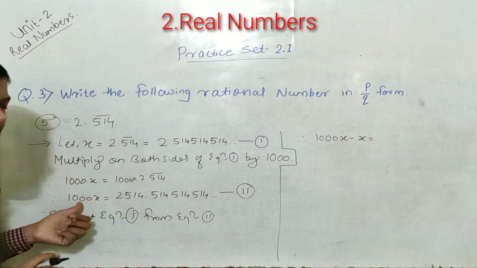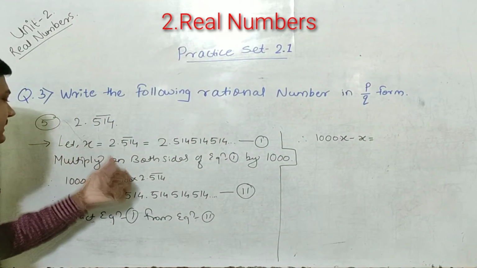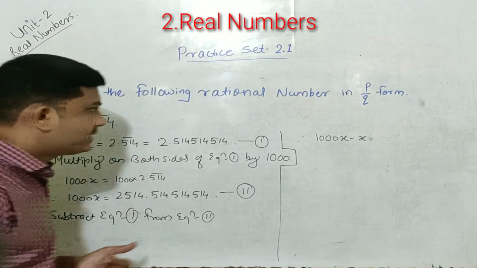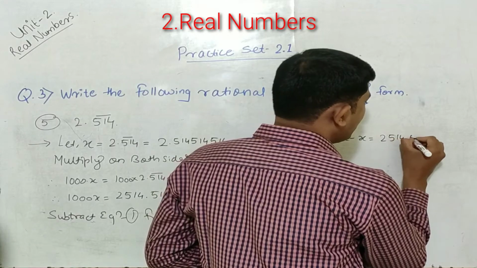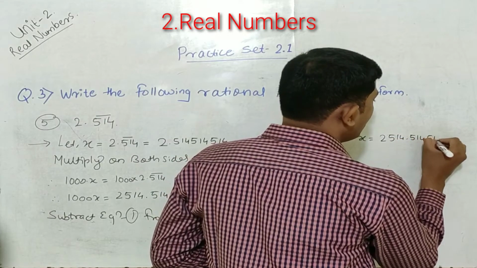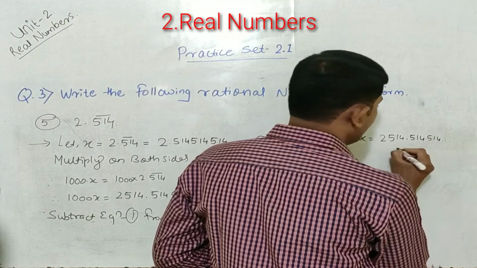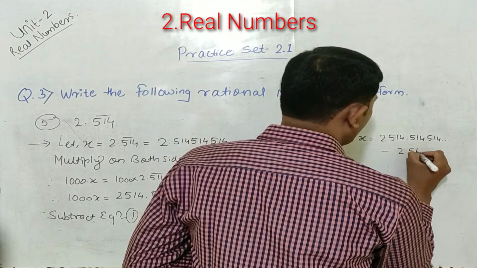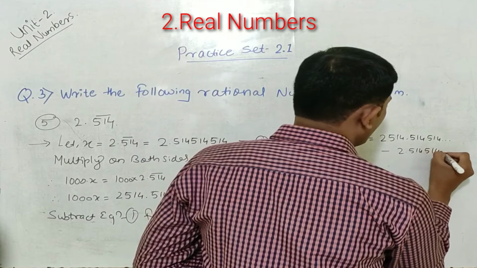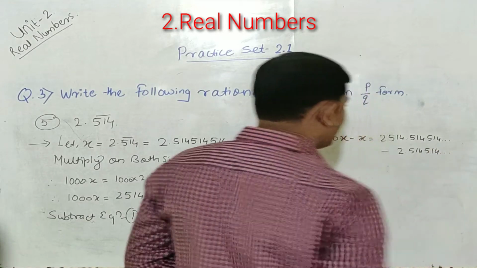LHS will be subtracted from the LHS and RHS from the RHS, that is 2514.514 dot dot dot minus 2.514 dot dot dot.